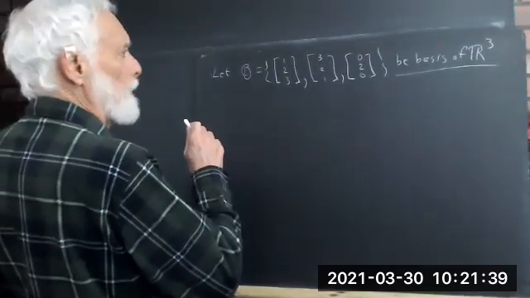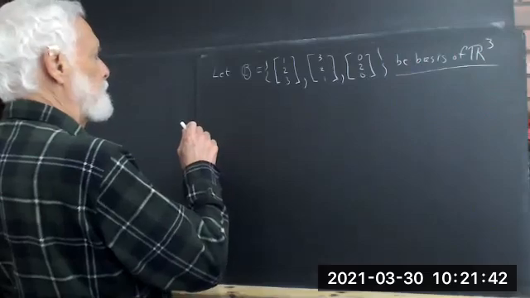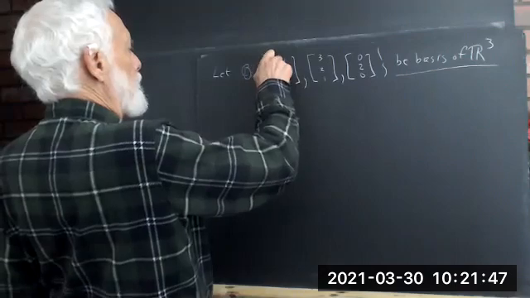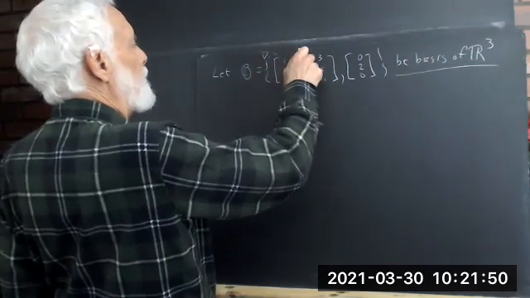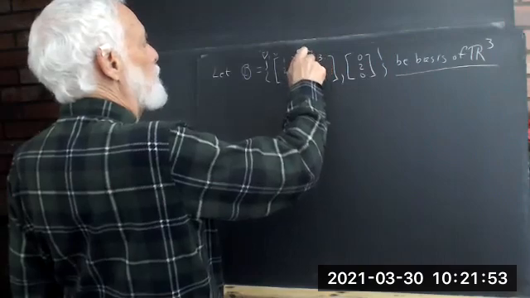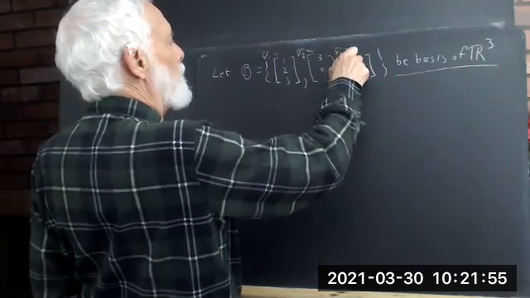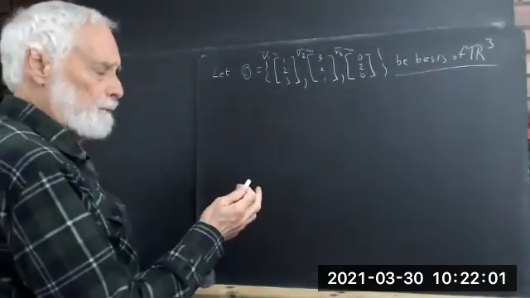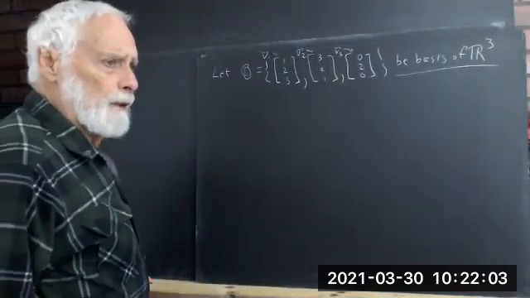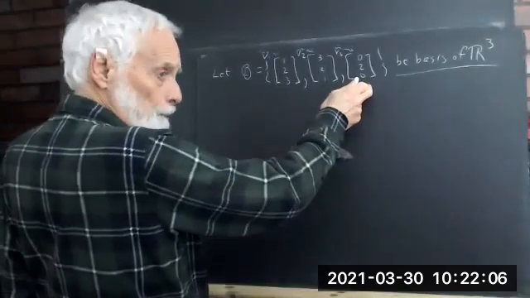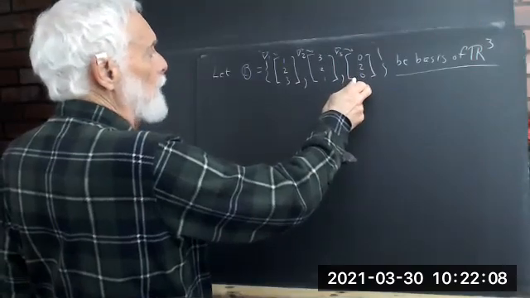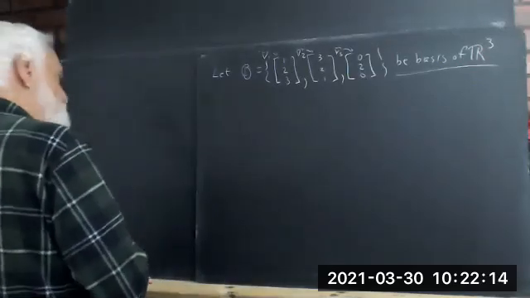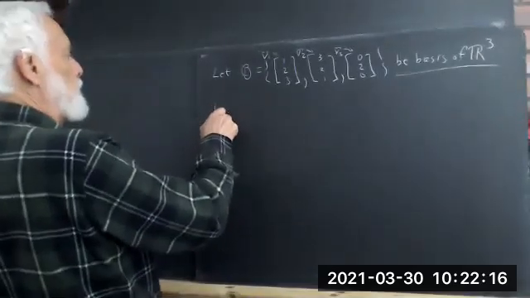I should have said, and I'm just going to notate it. This will be V1, V2, V3. Here's how we go. We're going to start with V3 and project it onto V1.